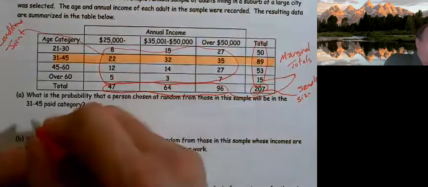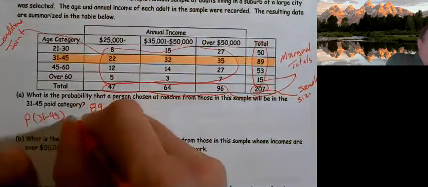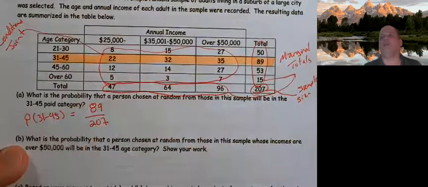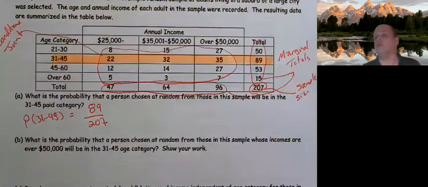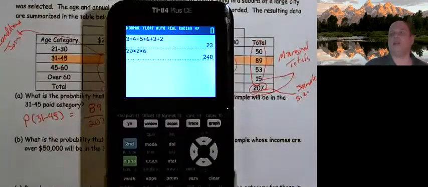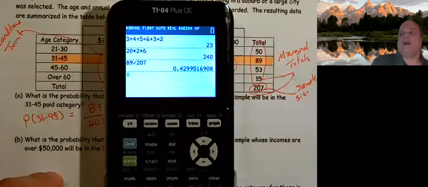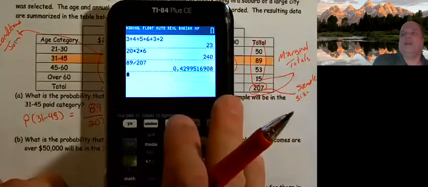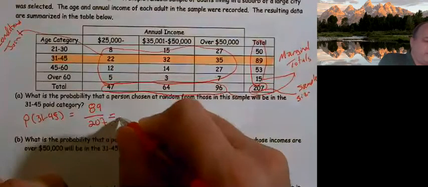So the probability of 31 to 45 equals 89 out of 207, and that would be a complete answer and would be full credit. Now you could reduce it to a decimal if you wanted to, and we'll do that real quickly. 89 divided by 207. And so we get a number of about 0.43, all right?